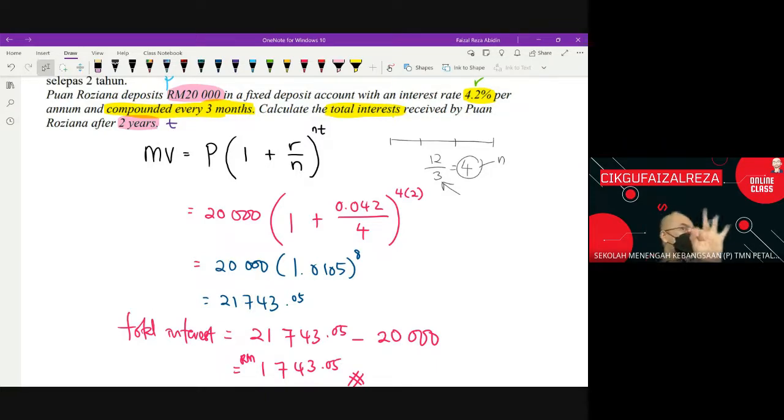If compounded every 2 months, 6. Okay, be careful. Just take the whole year, 12 months, divided by the compounding period. So you get the answer for your N there. How many times is it compounded in 1 year?